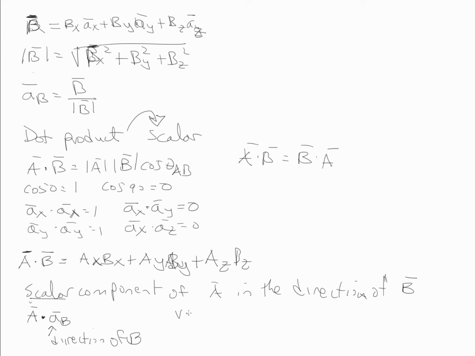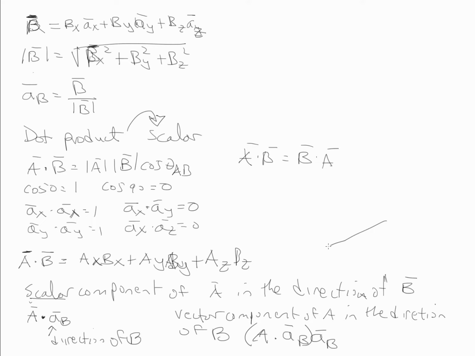And if you want the vector component of A in the direction of B, then that's going to be A dot the unit vector of B, and that'll give you the scalar component, and then you want it in the direction, and so that'll be the vector component of A in the direction of B. And so this would be something like this, where you had this angle theta, and this is A, and this is the unit vector.